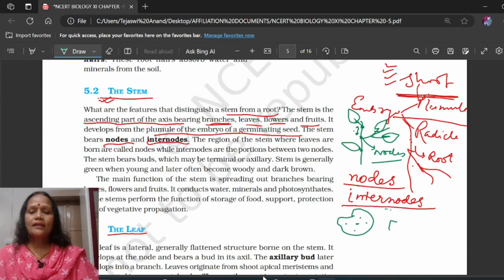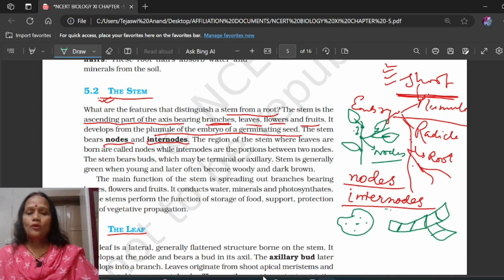Like ginger, you have certainly seen that there are some scaly leaves present on it, and the different nodes and internodes can be easily seen. Although it is found under the ground, it is a stem.